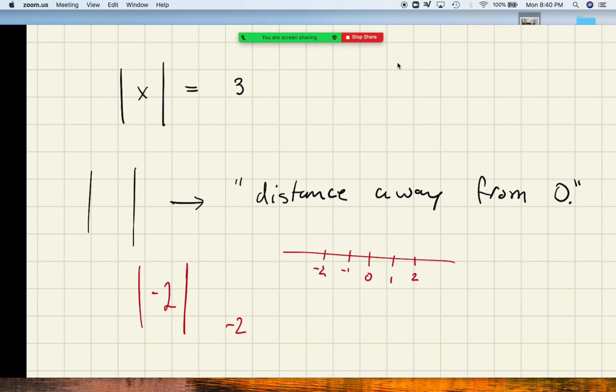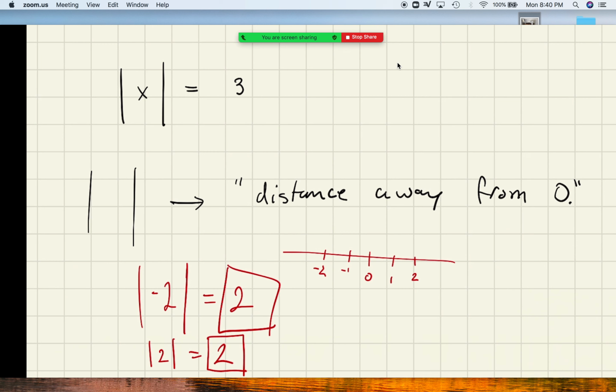The absolute value of -2 means this distance, 1, 2, away from 0. So the absolute value of -2 is actually 2. The absolute value of regular 2 is just the distance away from 0, so 1, 2, is also 2. So there's not -2 because it's going backwards or anything. No, it's just the distance.